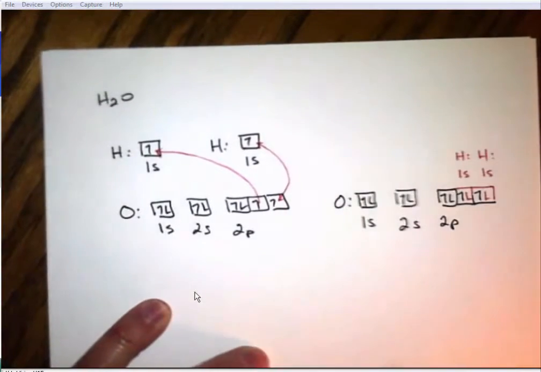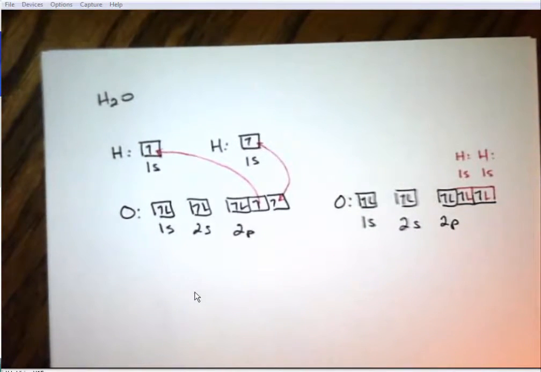So I'm kind of showing them combining. Does that make sense? It's kind of weird, but that's what I'm trying to illustrate. It becomes a little more difficult to illustrate. But that shows them sharing orbitals and sharing electrons.